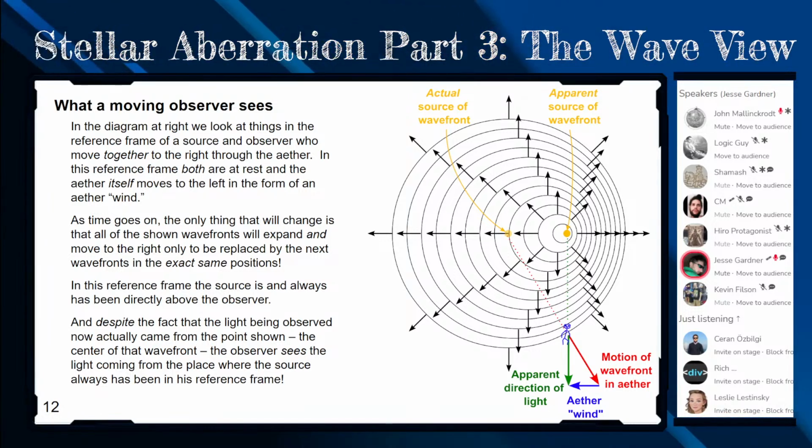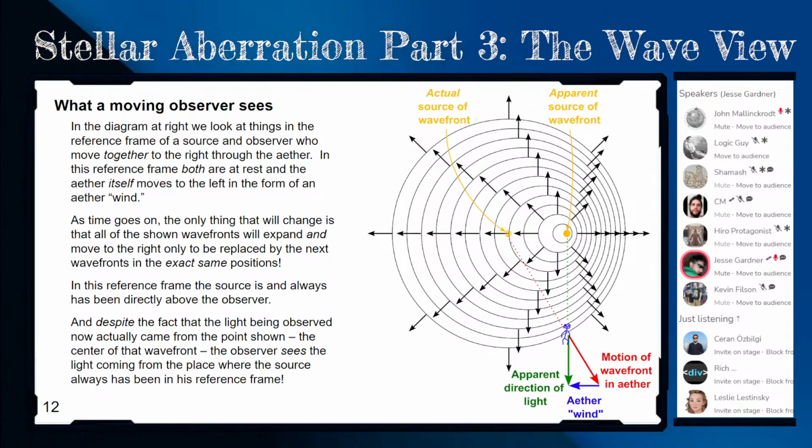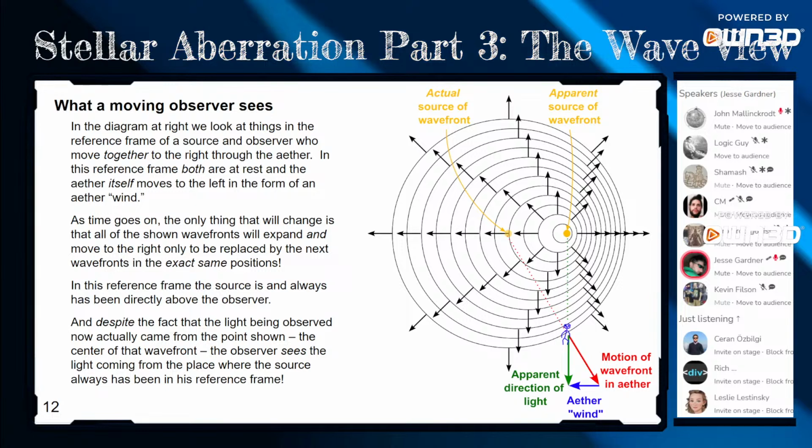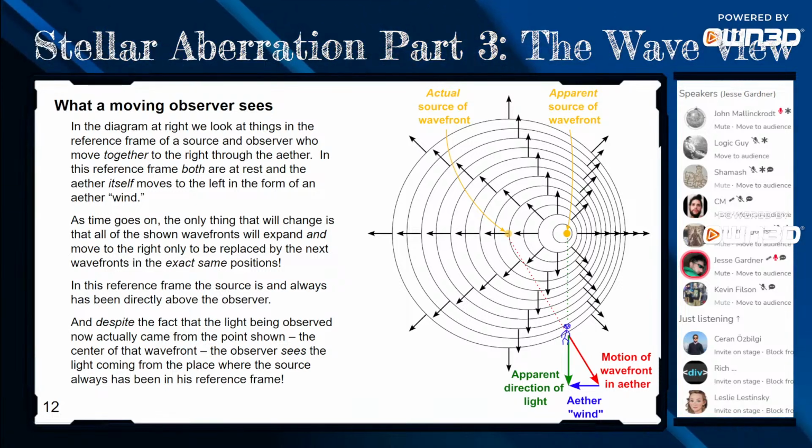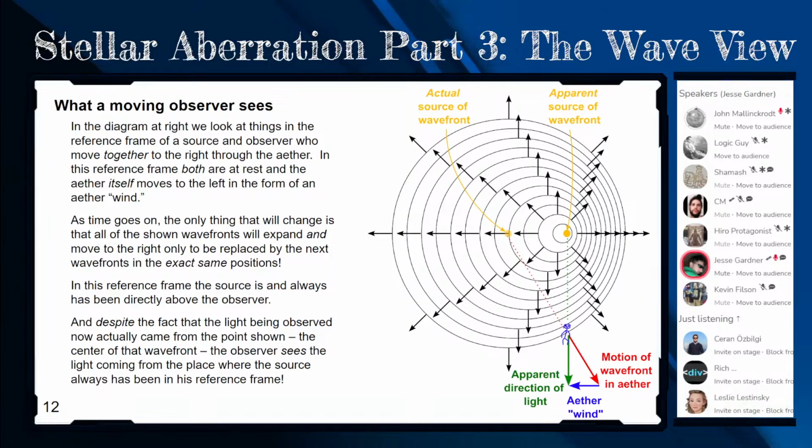What does a moving observer see in the case that we're talking about? Now, this gets really complicated, so I want to simplify it enormously by talking only about an observer that moves with the source. Both the observer and the source are moving in the same direction at the same velocity through the ether.